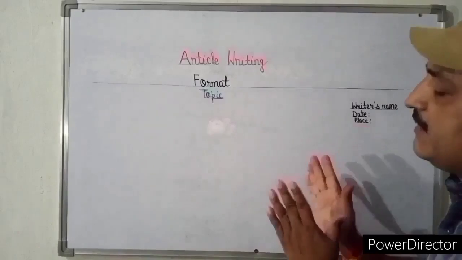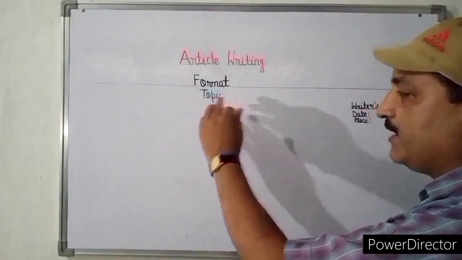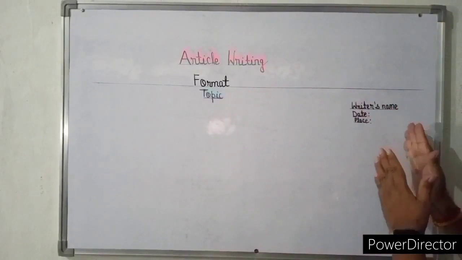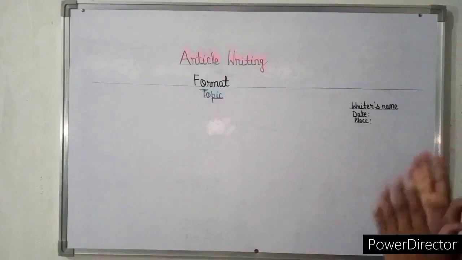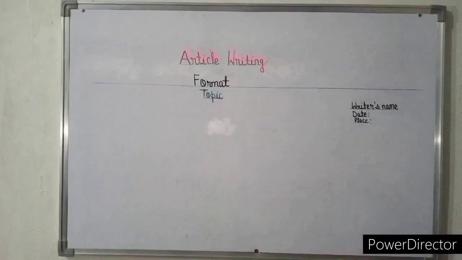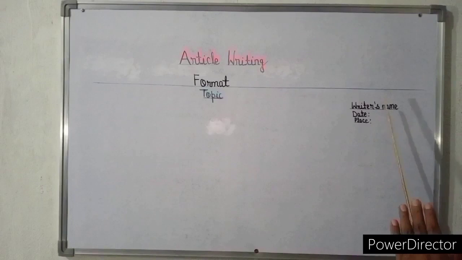This format is very simple. Here in the middle, you will write the topic, what is given to you. And here on the right hand side, you will write the writer's name, date and place. Note, date and place are required only when you are writing an article for a newspaper or magazine. In your examination, date and place are not required.